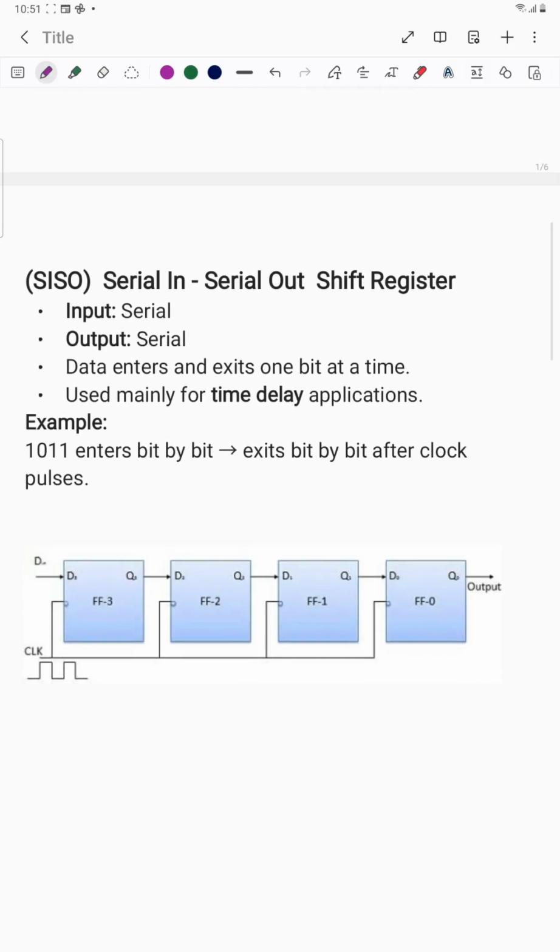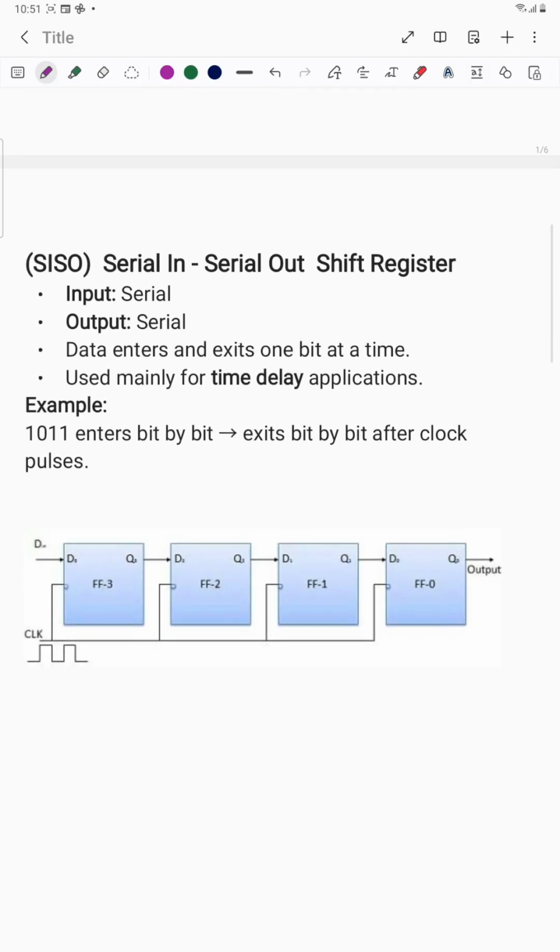The first one is SISO, that means serial in and serial out shift register. Here you can see the block diagram of a 4-bit shift register. 4-bit means we have 4 flip-flops connected in series. You have to mention the diagram also.